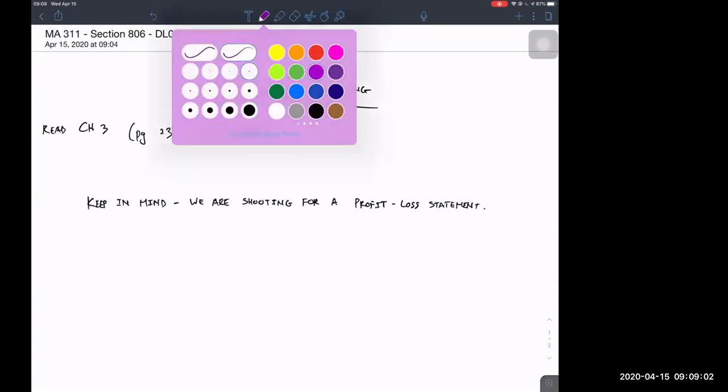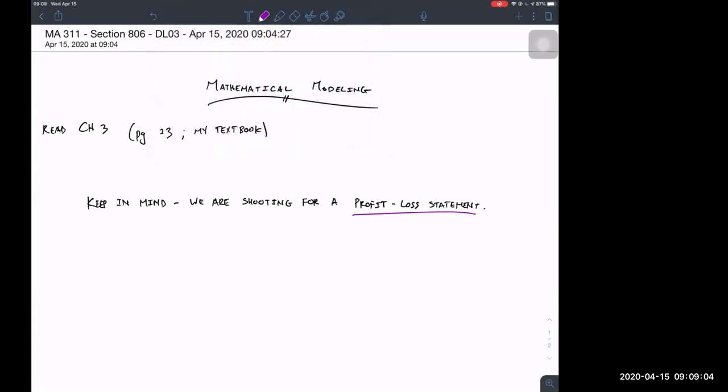So we're going to say profit loss statement, and here in parentheses, I'm just going to write FBM terminology. Again, it's not exclusive to FBM. It's just most of the FBM students told me, oh yeah, it's kind of like that.